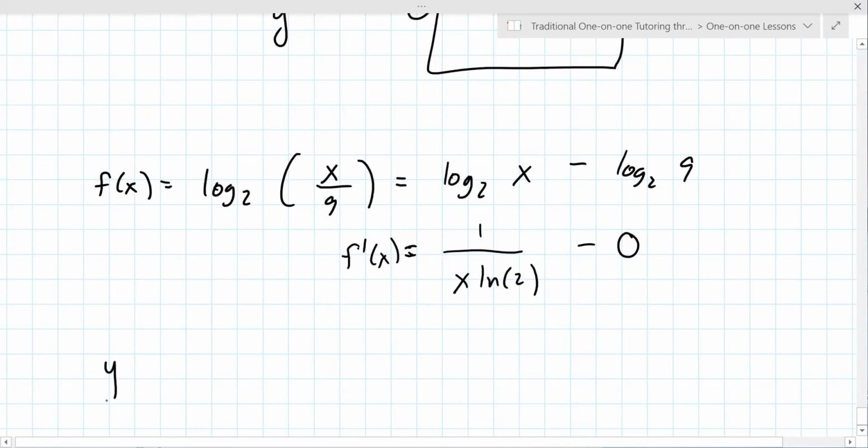Okay, so let's try another one. Let's say y equals log base 4 of 5x to the 8th.